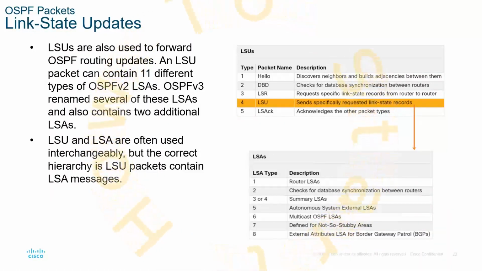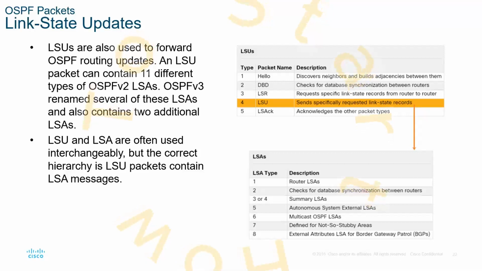Again, the LSUs will have different types. The different LSAs will also have different types. Again, this is getting outside what you'd normally be needing for the CCNA. This is more CCNP, understanding the types of LSAs. This is more just information for you to have. LSUs are used to forward OSPF routing updates.